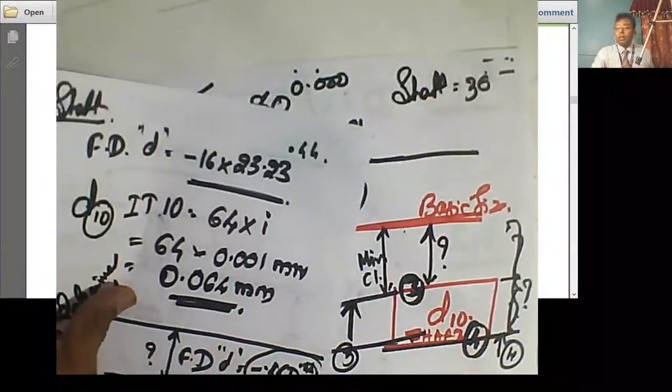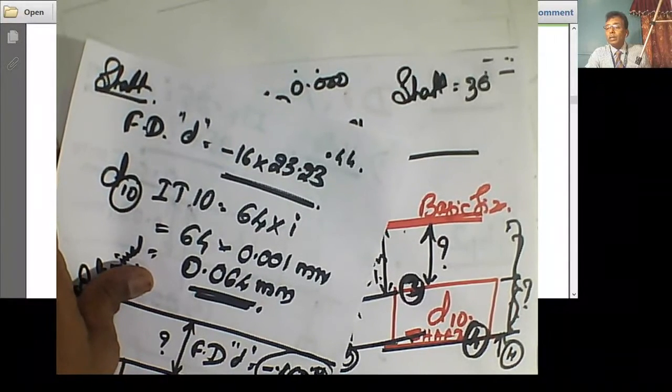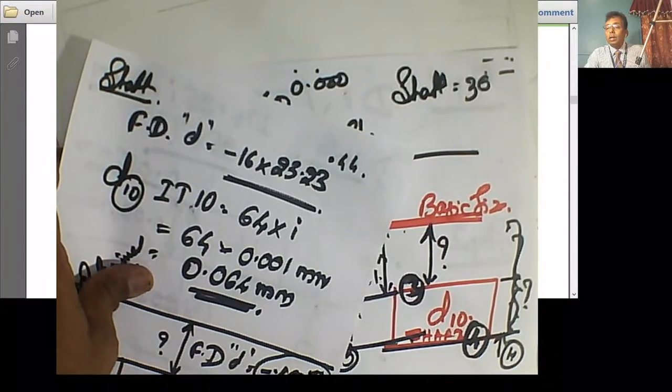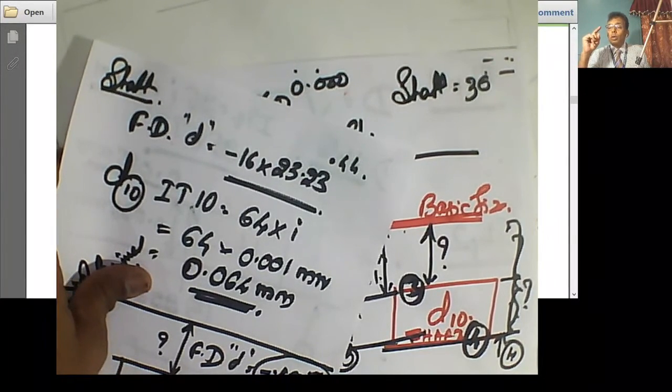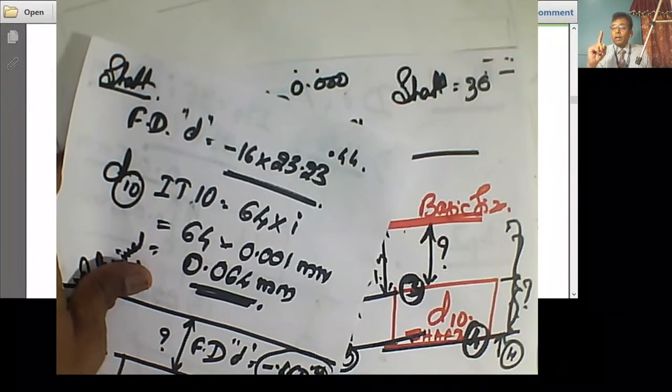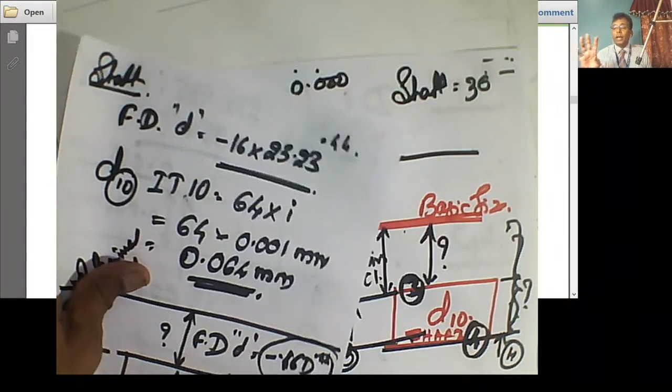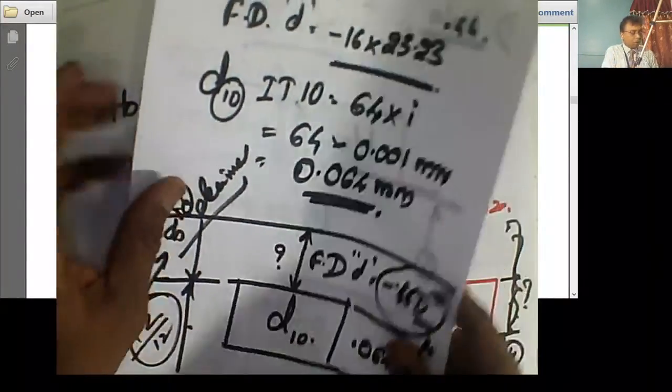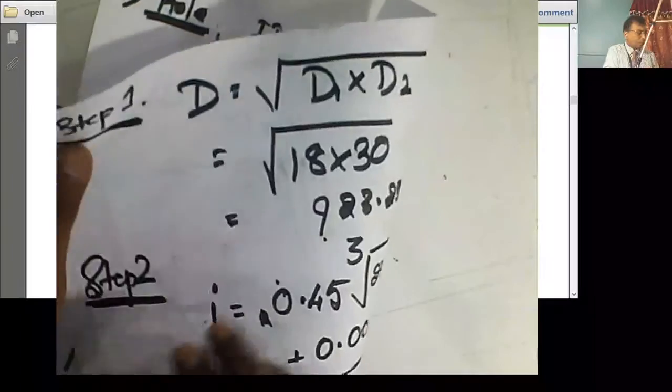Good question. Who is this who has asked? Anant, right? Sir, always we have to substitute in mm and the answer should be in microns. Just wait. After decimal points, how many digits should be right? Okay, both are good questions. First part I will address now.